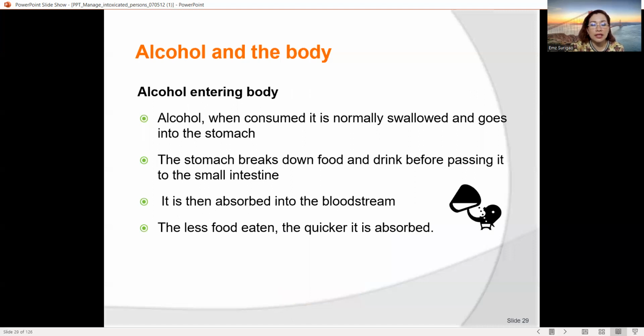Alcohol and the body. Alcohol entering the body. Alcohol, when consumed, is normally swallowed and goes into the stomach. The stomach breaks down food and drink before passing it to the small intestine. It is then absorbed into the bloodstream. The less food eaten, the quicker it is absorbed.